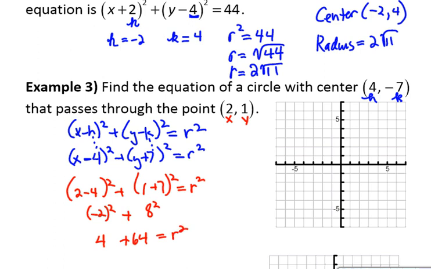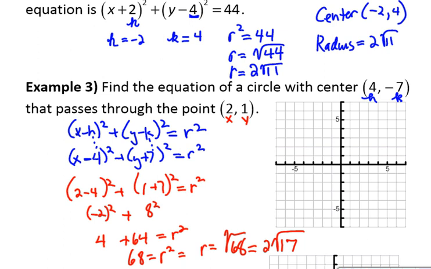So r squared is 68. So r is the square root of 68, and 4 goes into that, so it's 2 radical 17. But we actually don't really need r, because the question doesn't ask for it.